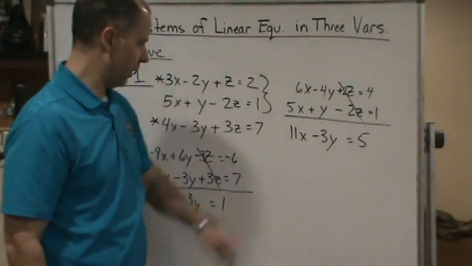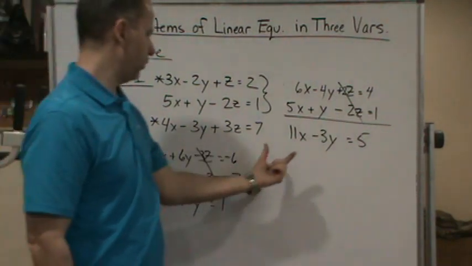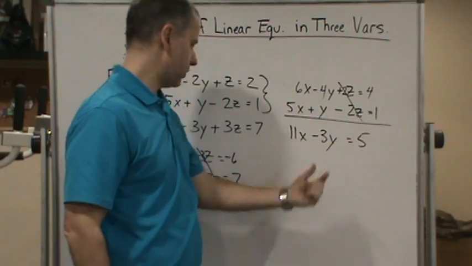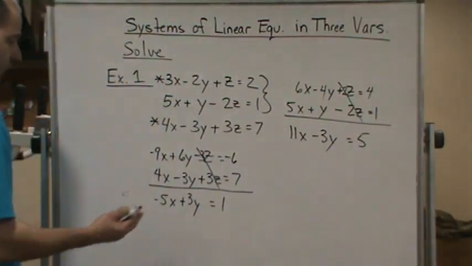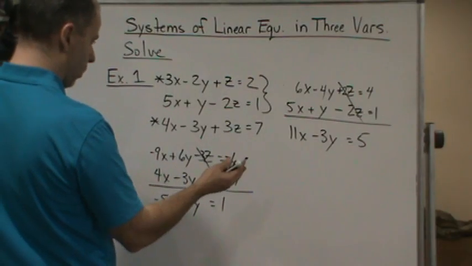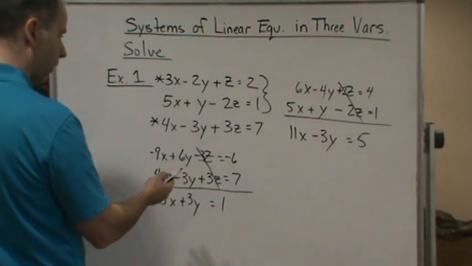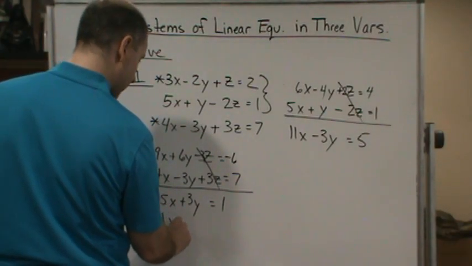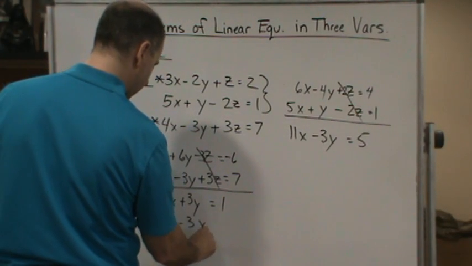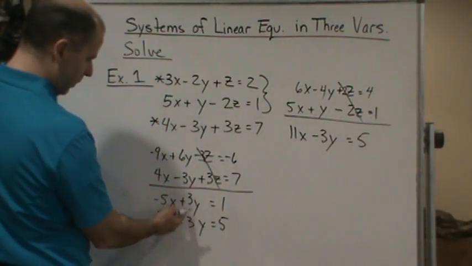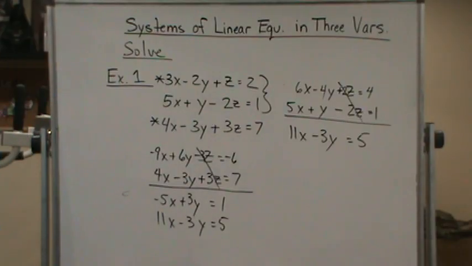This is my first equation in x and y. So now we're in step 4. I'm going to use these 2 equations and solve for x and y. We could use the substitution method or the addition method, it doesn't matter. So let's write these. This is going to be 11x minus 3y equals 5. Now the cool thing is these 2 equations already have opposite values for y.